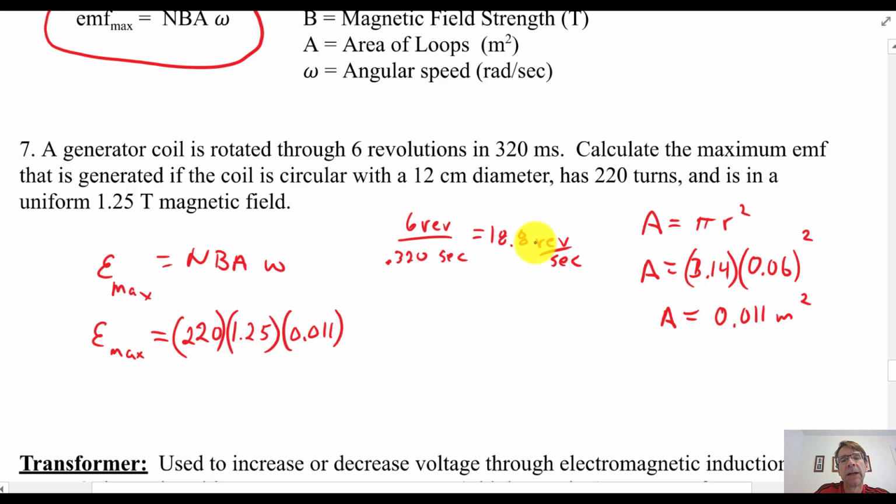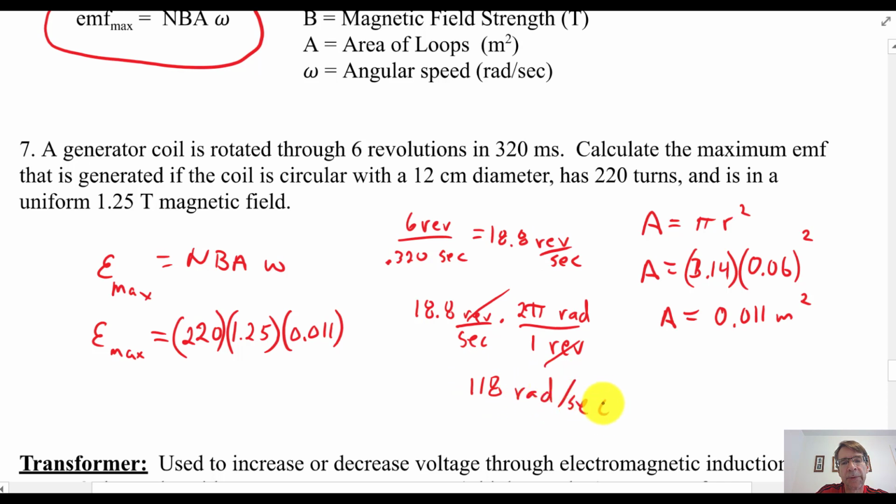I want radians per second. So if you remember this back in Unit 10 in first semester physics, 18.8 revolutions per second times 1 revolution. 1 revolution is 2 pi radians. 1 full circle is 2 pi all the way around. So that gets rid of the revolutions. So multiply by 2 pi, it comes out to be 118 radians per second.